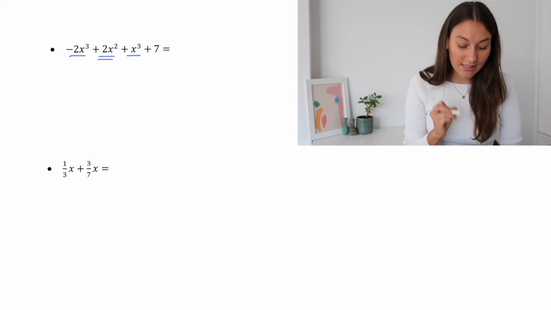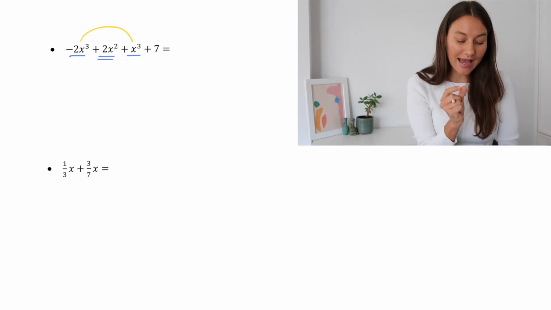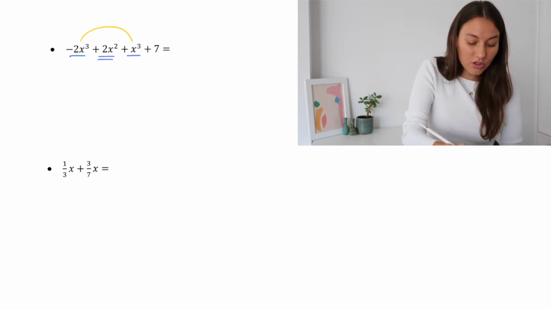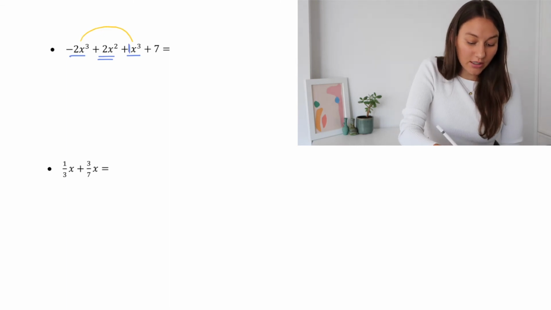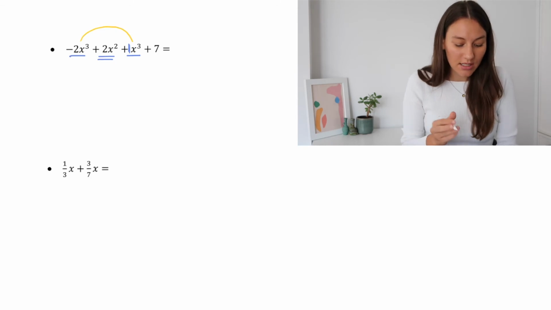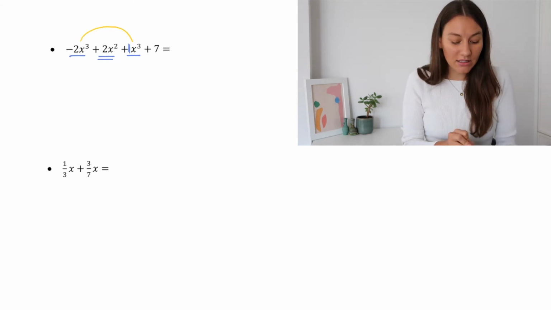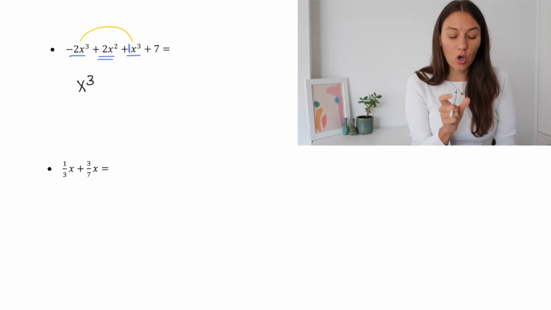So let's put together negative 2x cubed plus x cubed. Remember, let's take a look at those outside coefficients. So I have a negative 2, and then here, when you have just x cubed, there's really an imaginary 1 here, right? Because 1 times x cubed is the same as just saying x cubed. So what I'm actually putting together is minus 2x cubed plus 1x cubed. I'm just going to keep x cubed there, and how do I put those coefficients together?